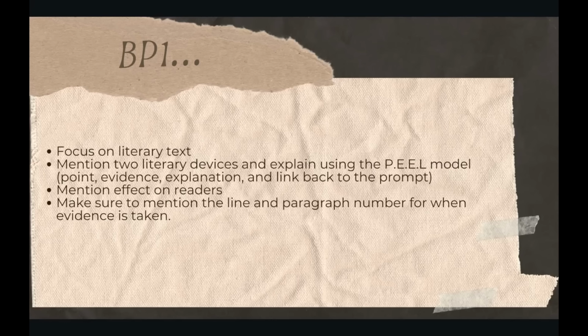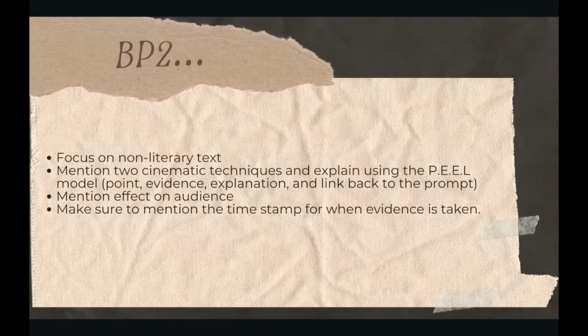And after that, you should link it back to the prompt, because in the end, what you're analyzing is how the text manages to show the prompt. And you should also mention the effect on the readers, as in what will the readers feel when they see this, what type of information will they gain, something like that.